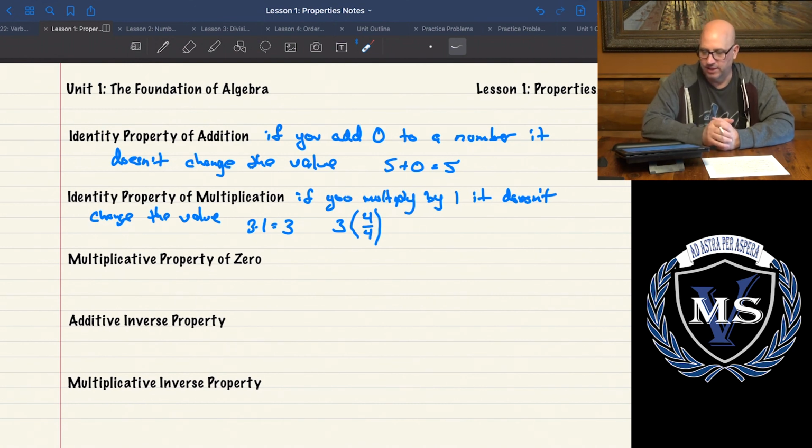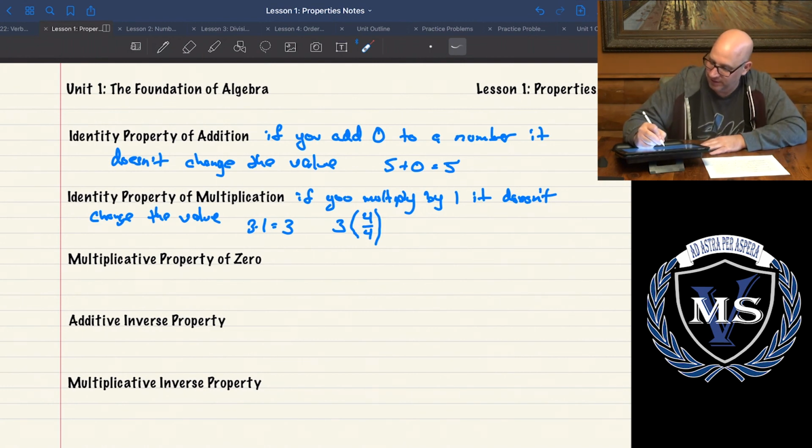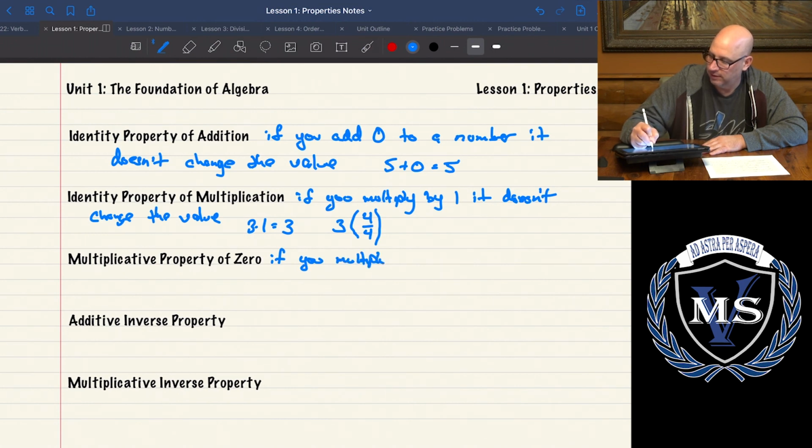All right, and then we got the multiplicative property of 0. Wow, that's a really fancy way of saying if you multiply something by 0, you get 0. Okay? That you should know. If you multiply by 0, you get 0.